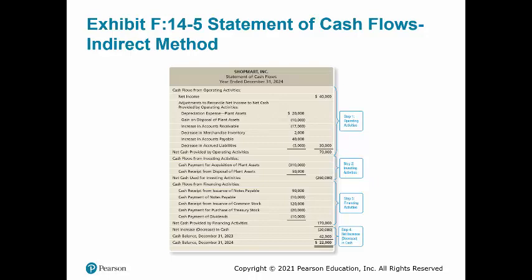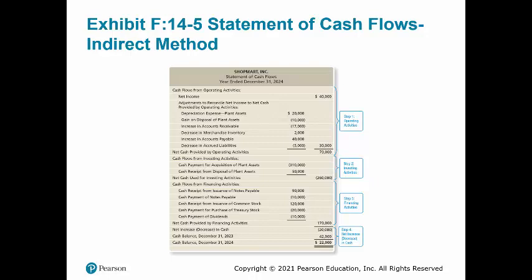We begin with adding back any non-cash expenses that were subtracted to get to net income. We would add back any gains on the sale of long-term assets. Then we would either add or subtract increases and decreases in the current assets and current liabilities.